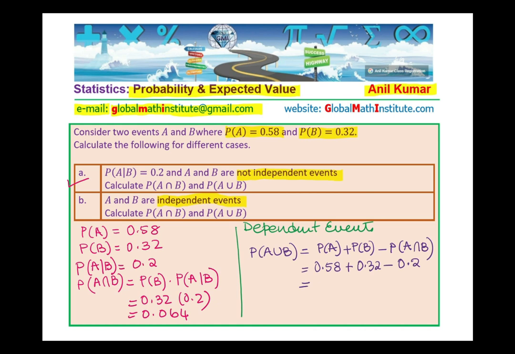So you can now calculate this value and write down your answer. It is 7 over 10 or 0.7. So 0.2 taken away from 0.58 will be 0.38, and when you add 38 and 32 you get 0.7. So that is how you do part A, which is a dependent event.